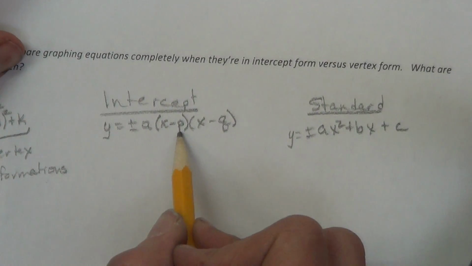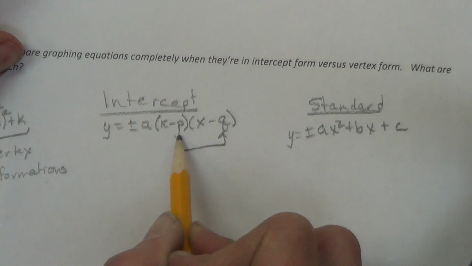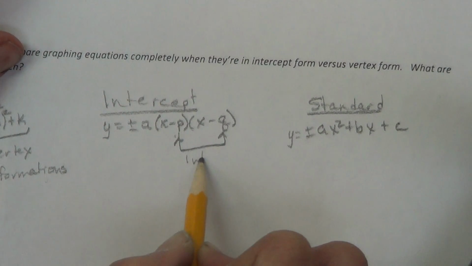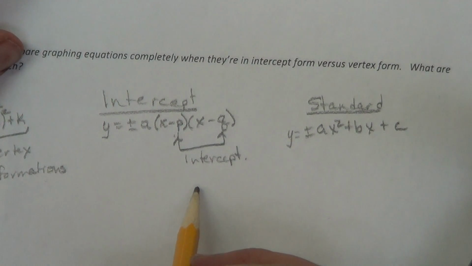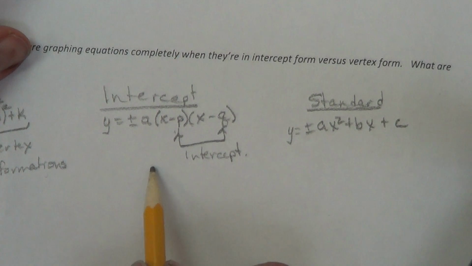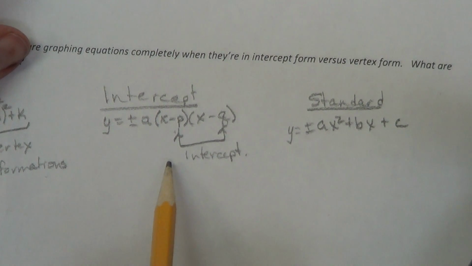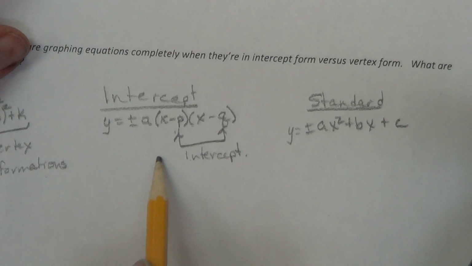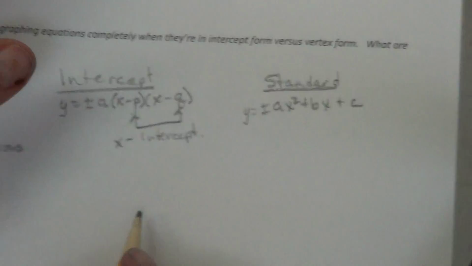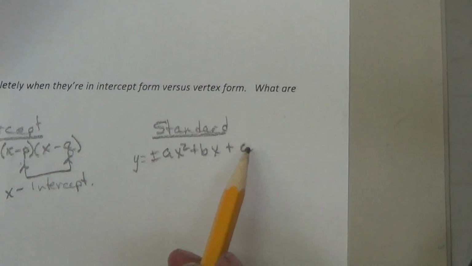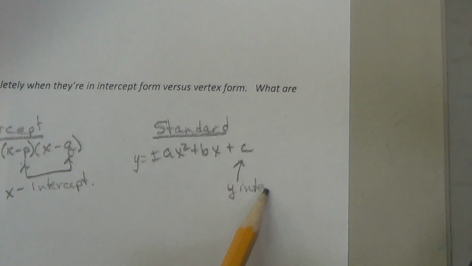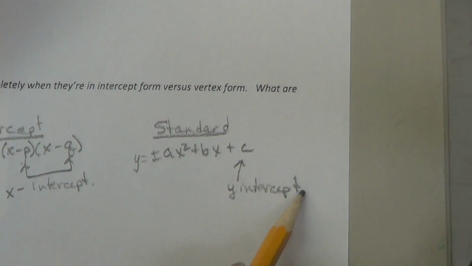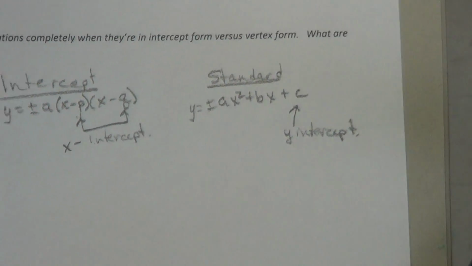On this one, just like the name says, the intercepts with the x-axis are most readily available, and you can see that easily. So intercepts is the main reason to graph that if you're looking for the x-intercepts. And with standard form, I think what makes it nice is you've got the y-intercept located easily. And oftentimes this is the format that you get problems in, and you have to convert it to one of the others.